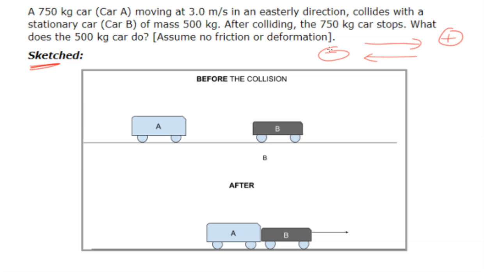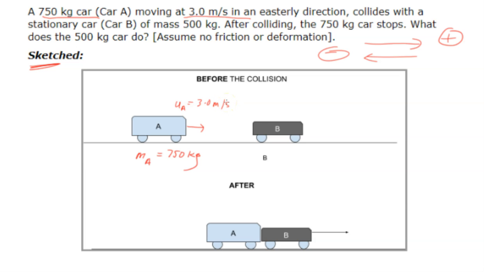Let's annotate our diagram. We've got a mass of A of 750 kilograms. It's moving with an initial velocity of 3 meters per second east. So we can put a little arrow here and say the initial velocity of A is 3 meters per second east.